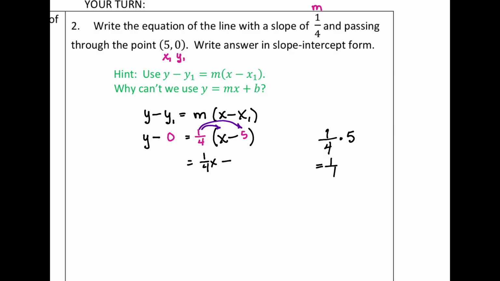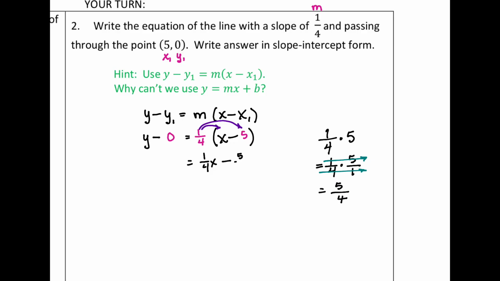What you're actually doing is multiplying straight across. So you have to put the 5 over a 1 so that you can multiply straight across. So it's 5 over 4.